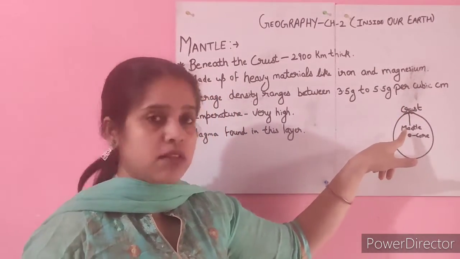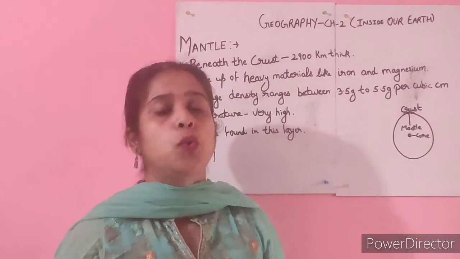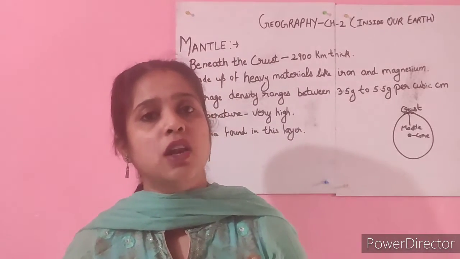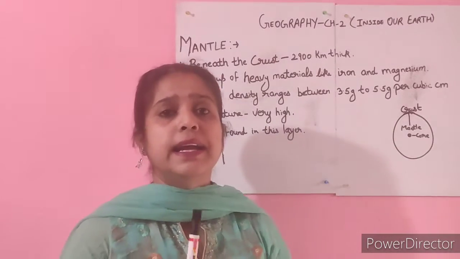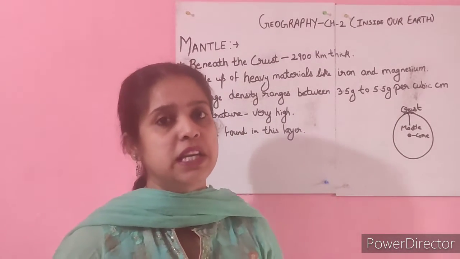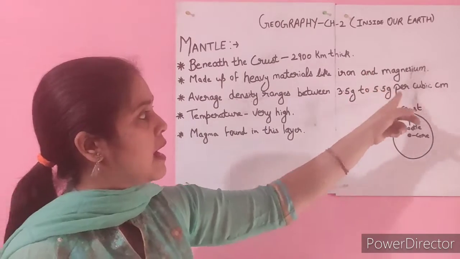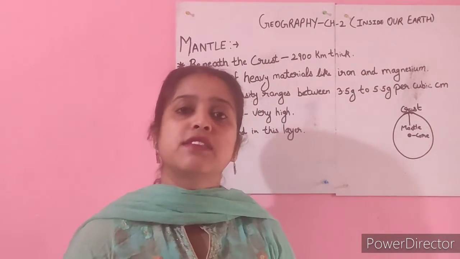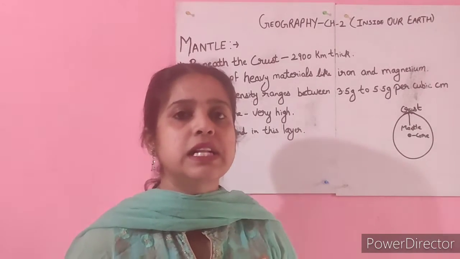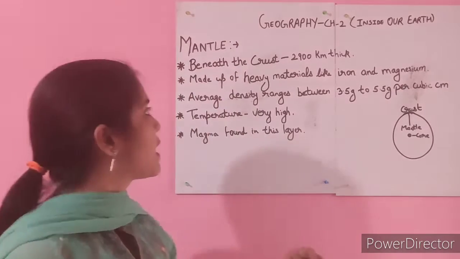Just below the crust we have the mantle, which is 2900 kilometer thick. This mantle is made up of heavy materials like iron and magnesium.